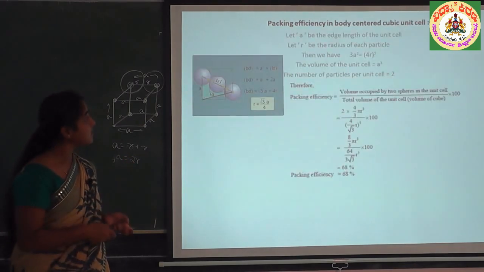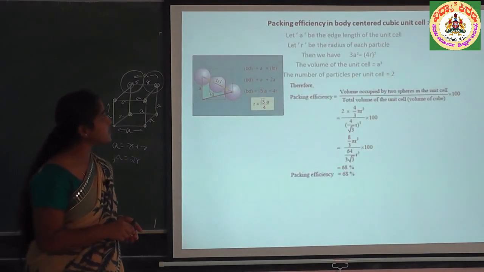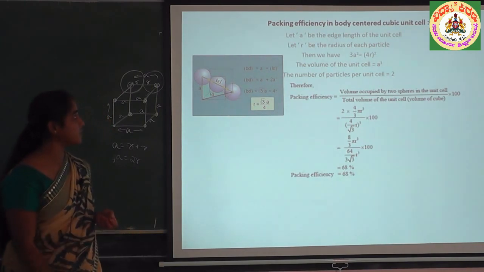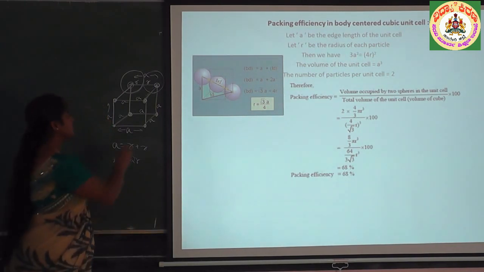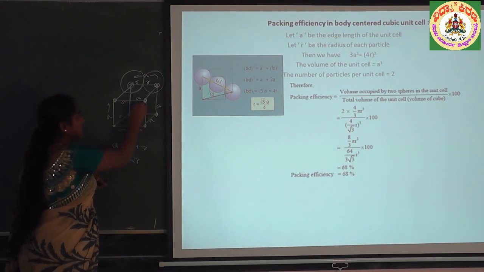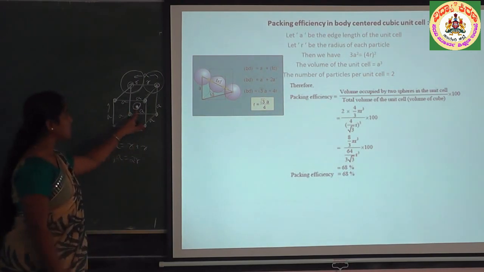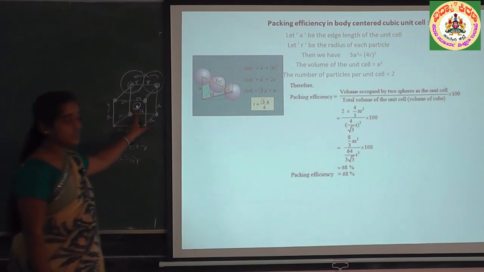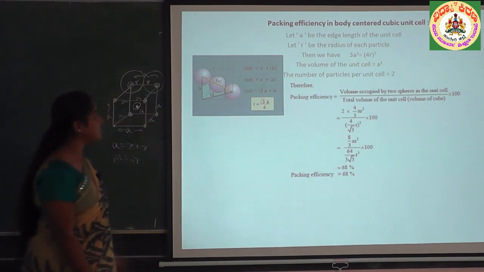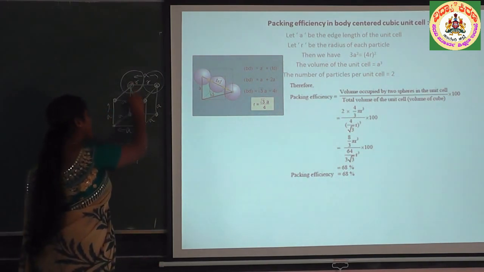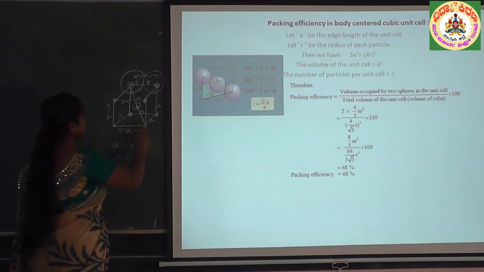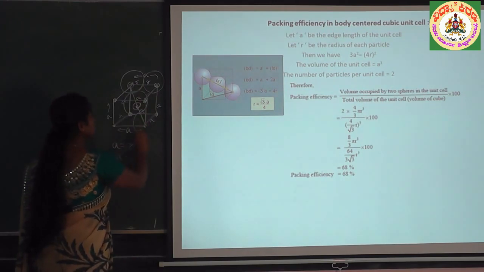Then the second one is packing efficiency in a body centered cubic unit cell. Here, one constituent particle is present in the center of the unit cell.